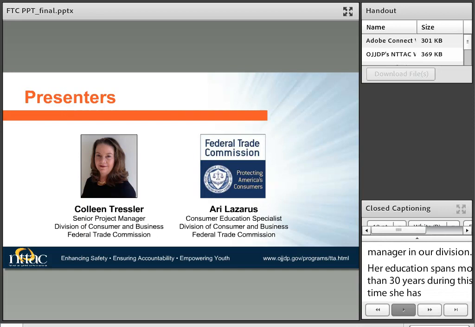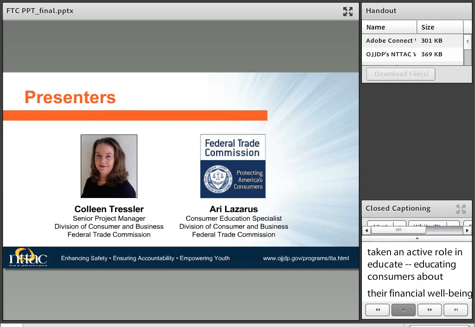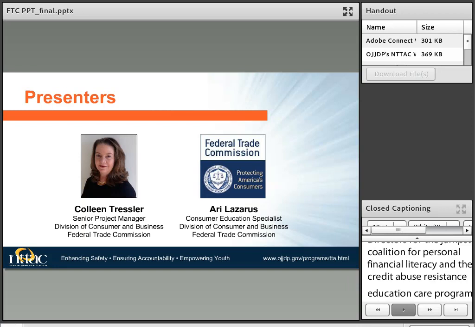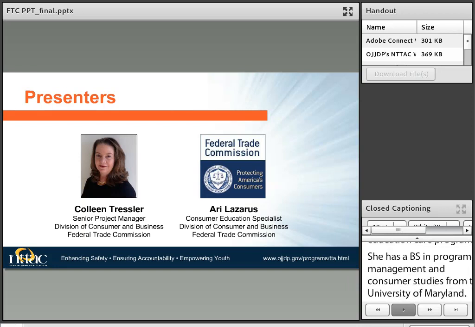And Colleen is on the board of directors for the Jumpstart Coalition for Personal Financial Literacy and the Credit Abuse Resistance Education, or CARE, program. She has a BS in Program Management and Consumer Studies from the University of Maryland and a Master's in Administrative Science from Johns Hopkins.